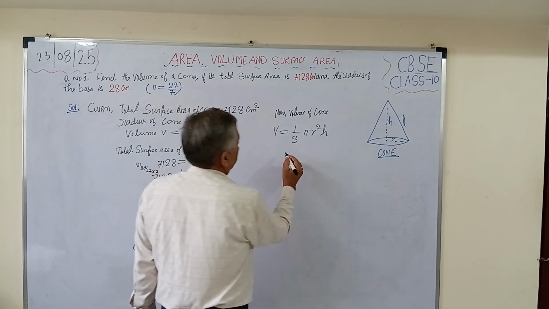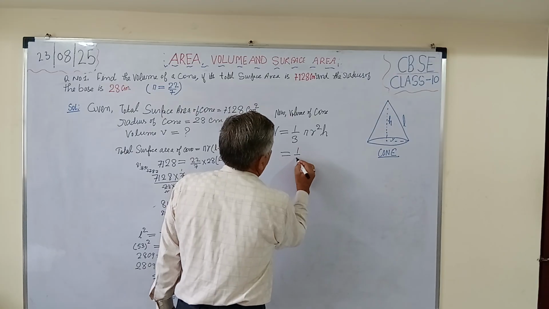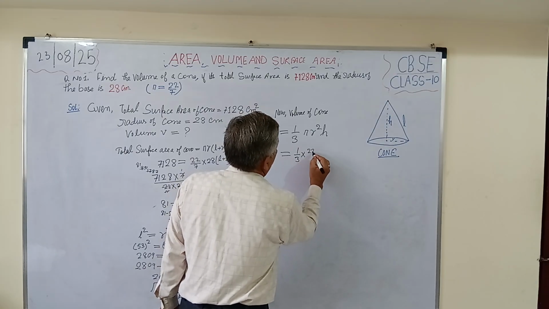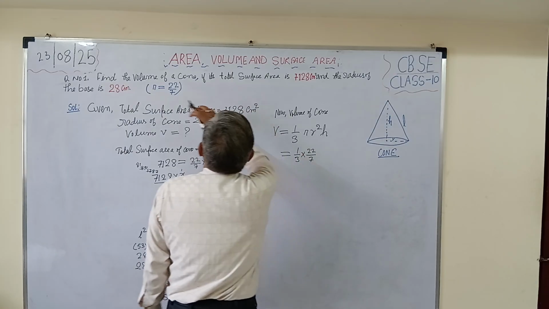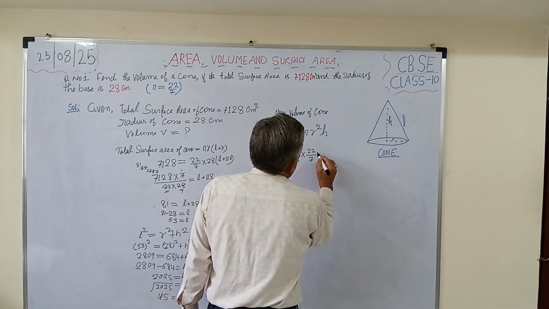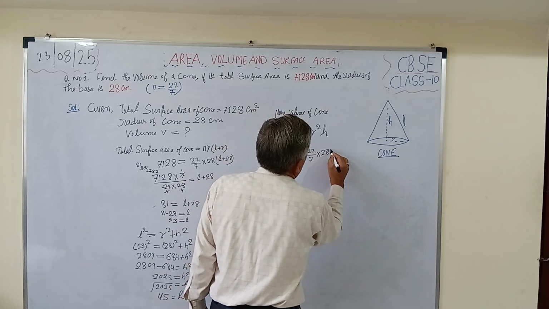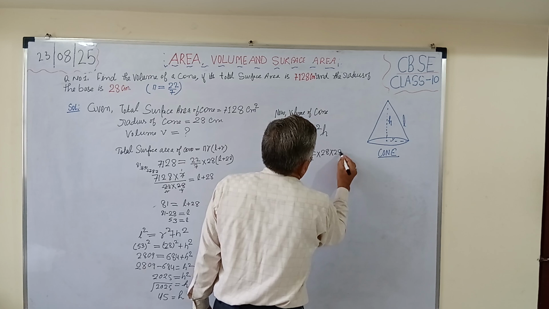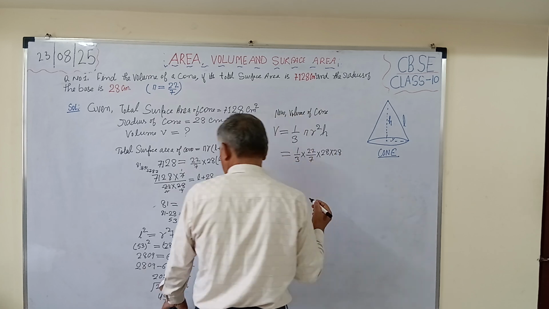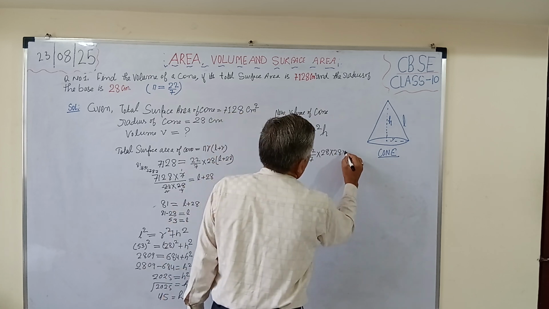So now we have got all the values, that is 1 by 3 into 22 by 7, that is given to us in the question itself, into r square means 28 into 28 into height, that is 45 centimeter.